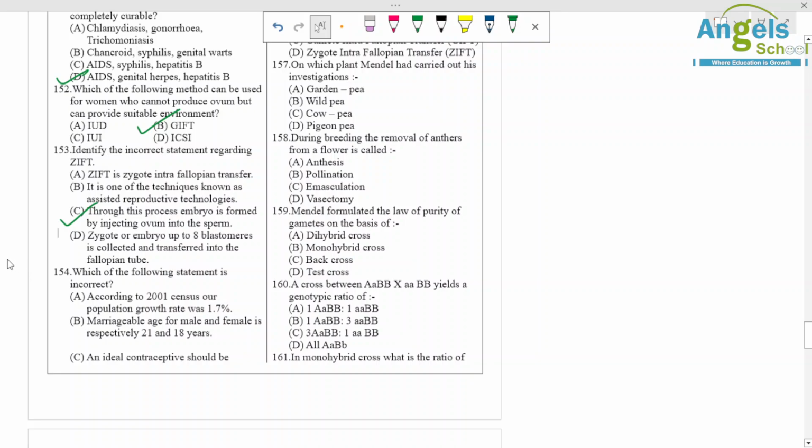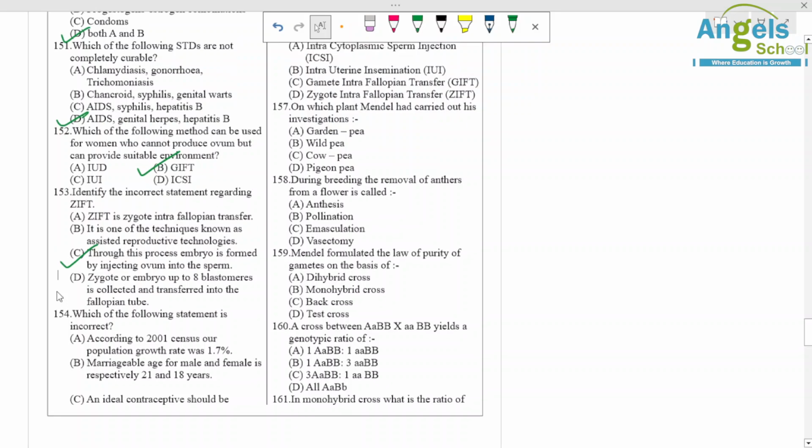Question number 154. Which of the following statements is incorrect? According to the 2001 census, our population growth rate was 1.7, so it's around 2%. So this is right. The marriageable age of male and female is 21 and 18. This is also right.